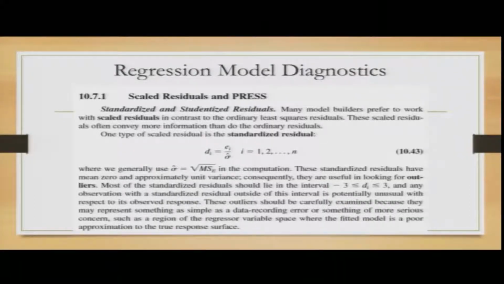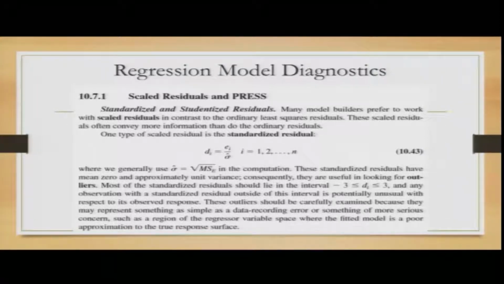The scaled residuals are the errors divided by the square root of sigma square hat, the mean square of the errors. These standardized residuals have mean 0 and approximately unit variance, because you are considering normality. So, obviously, this would be a consequence.